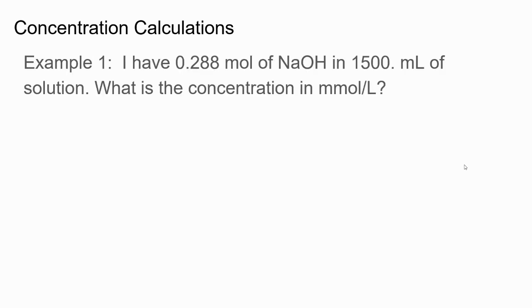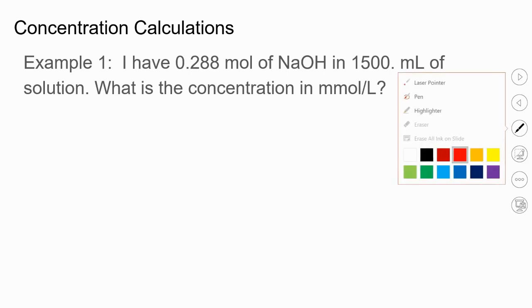Okay, let's look at an example of calculating a concentration. It says, I have 0.288 moles of sodium hydroxide in 1,500 milliliters of solution. What is the concentration in millimoles per liter? This is like an Alex problem because we have a requirement of the units that we're supposed to use. I'm going to try to use my pen today.